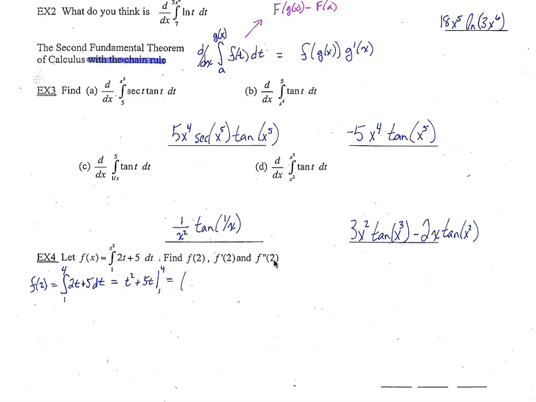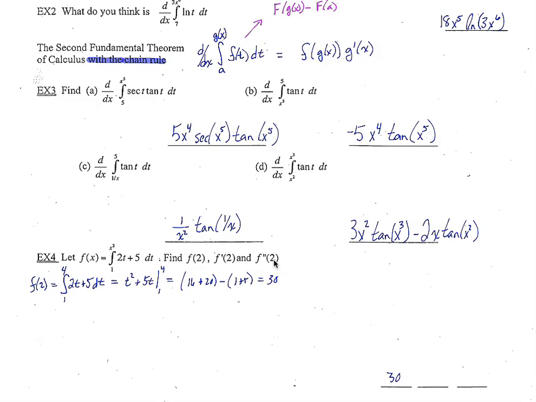Plugging in 4, we get 16 plus 20. Plugging in the lower bound, we get 1 plus 5. So that's 36 minus 6, or 30. Right, so the first answer is 30.